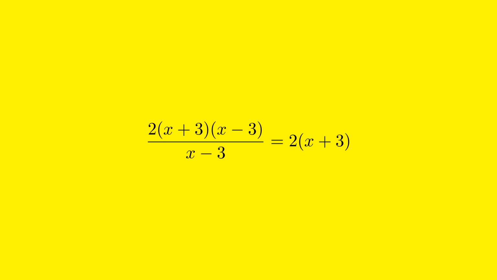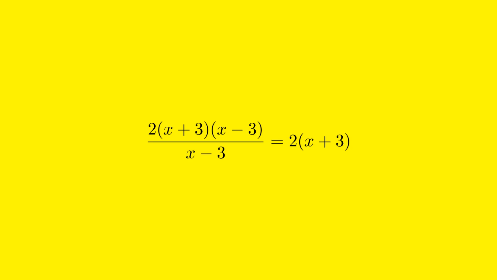A difference of squares is an expression of the form a² − b², which can be factored into (a + b) times (a − b). In our case, a is x, and b is 3, since x² − 9 can be rewritten as x² − 3². Therefore, we can factor x² − 9 into (x + 3) times (x − 3).